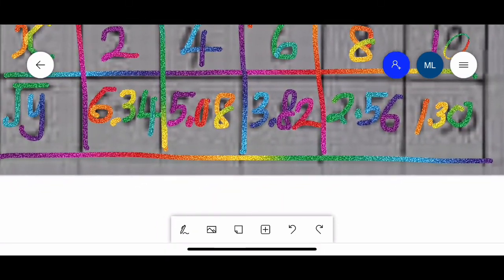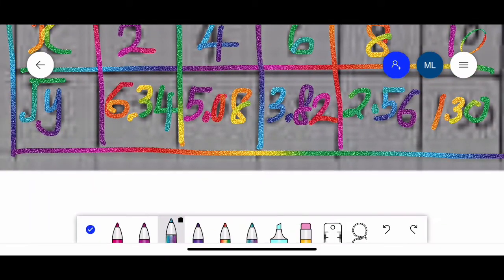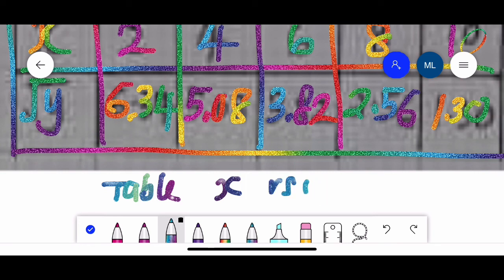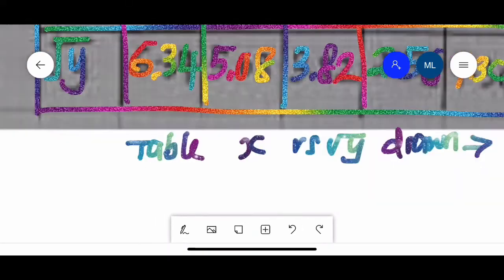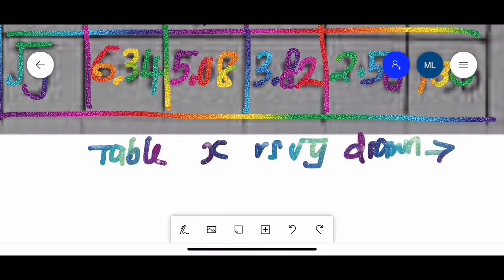So now we are going to plot the graph. Okay, so we use the x and square root y as our axis. Alright, so this is a table, x against the square root y. With this table, then we can draw the graph. Now let's have a look at the graph.